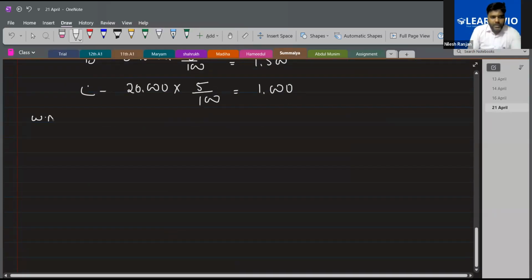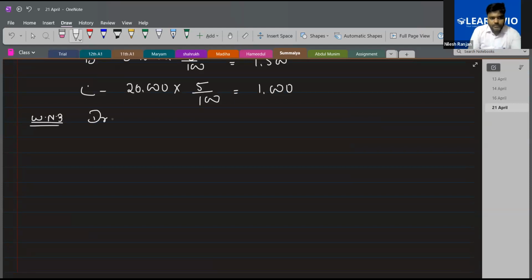And we have to calculate the drawing of B and C, because it is in addition to their salary.